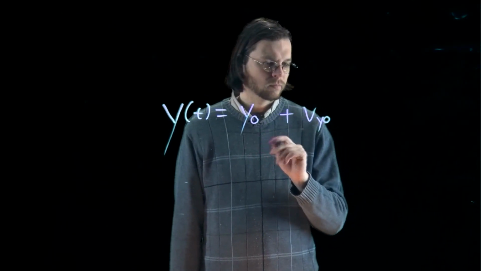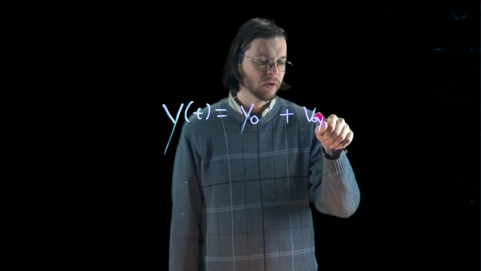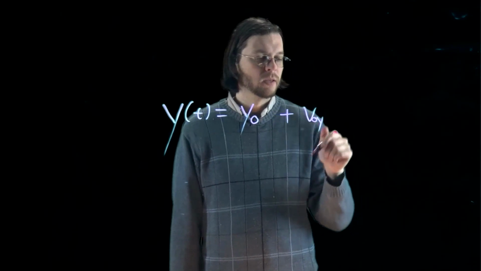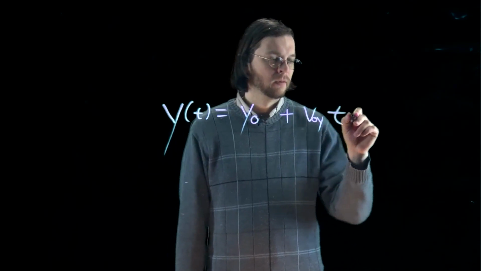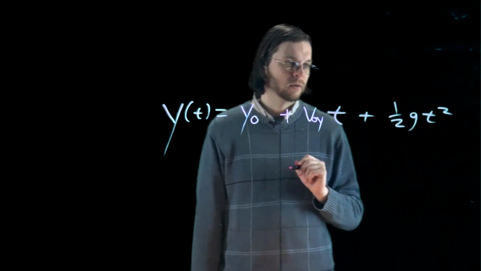But if you remember from the Apollo moon landing activity, which hopefully you just did, the y value as a function of time is equal to the initial y value, y0, plus vy0. I think in our code it's called v0y, so let me do that: v0y, and then times the time, plus 1/2 gt squared. Okay?